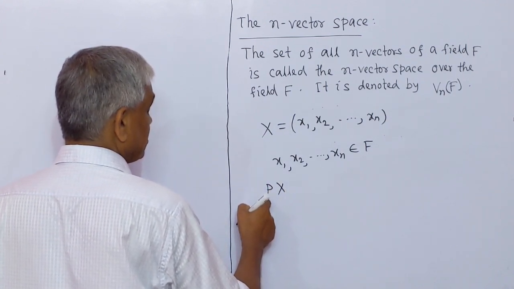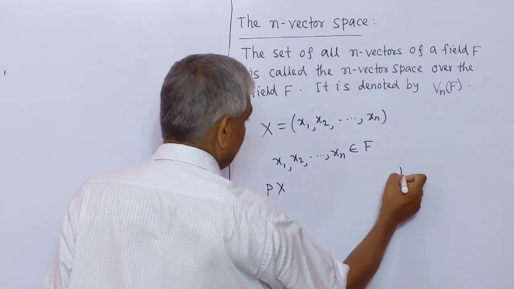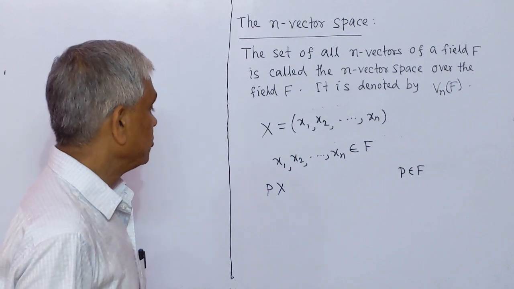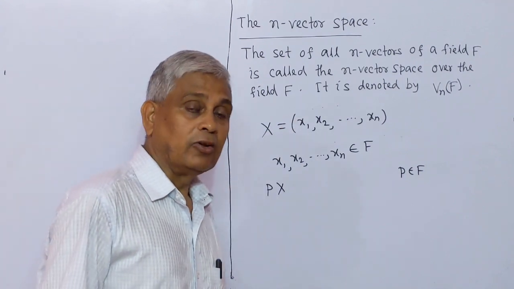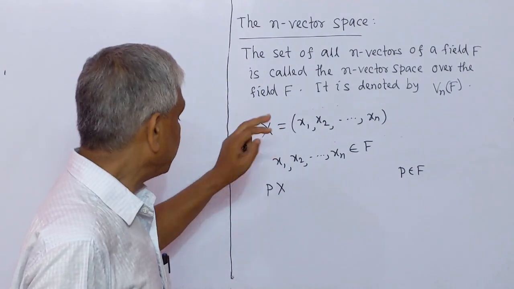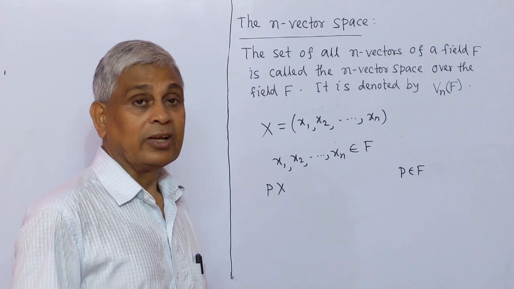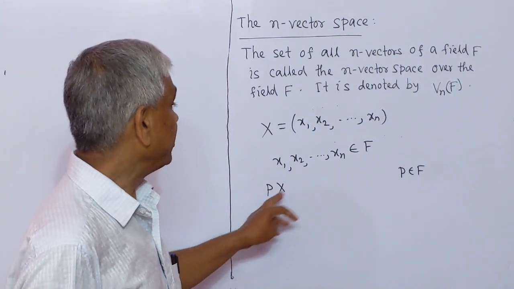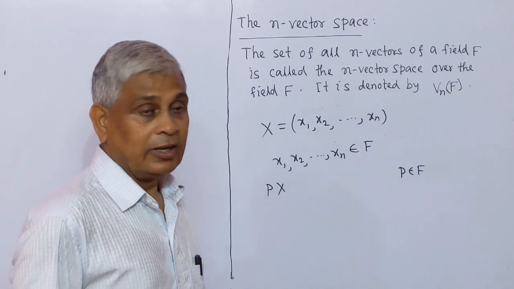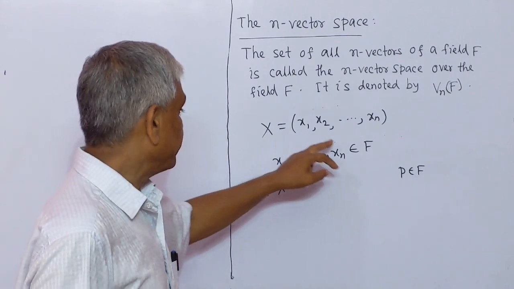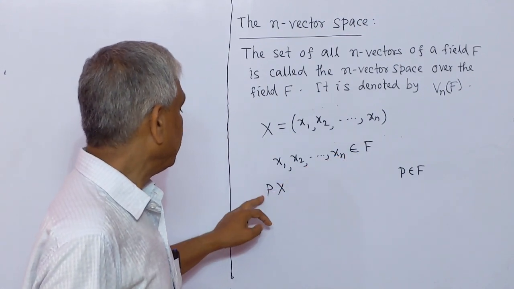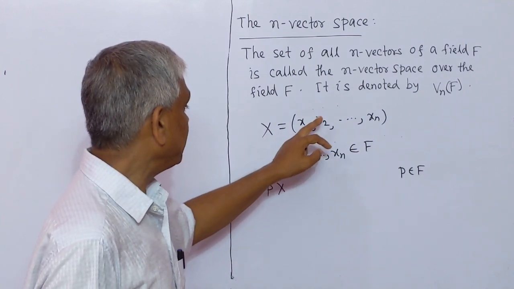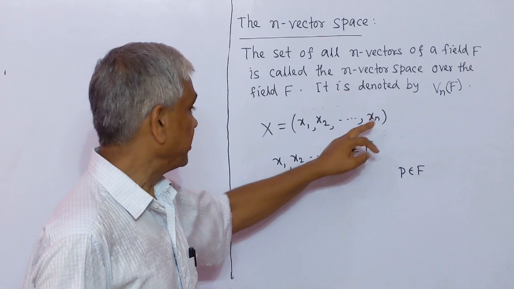Scalar means this is an element of the field, P belongs to F. So the scalar quantity must be an element of the field F. And since P is an element of field F, Px will be Px1, Px2, dot dot dot, Pxn.